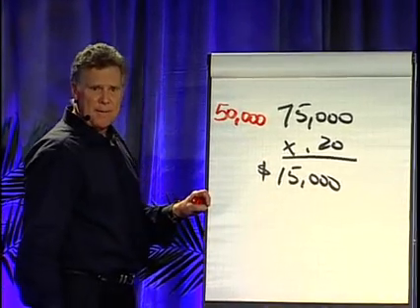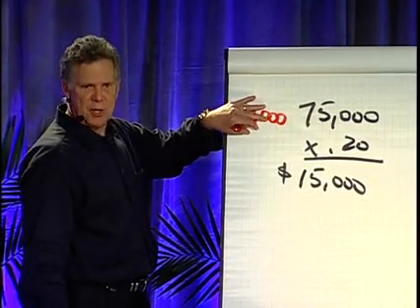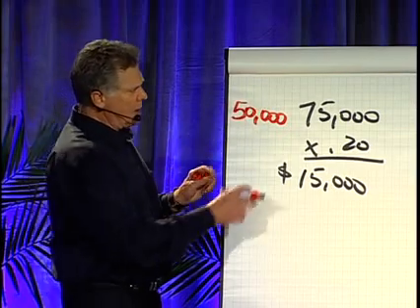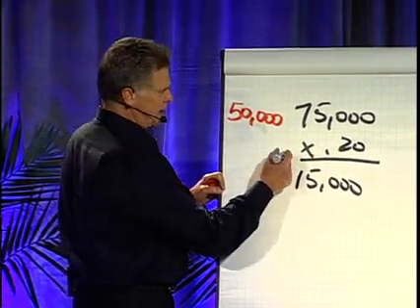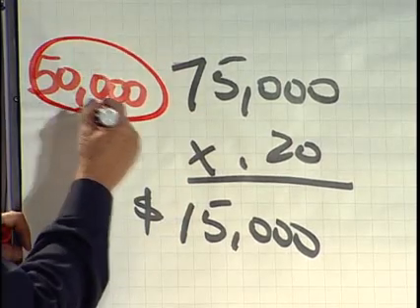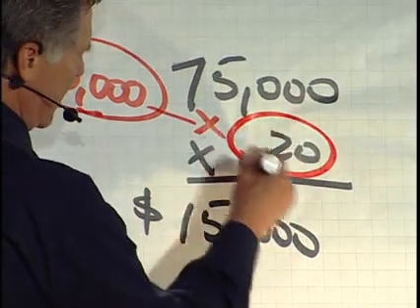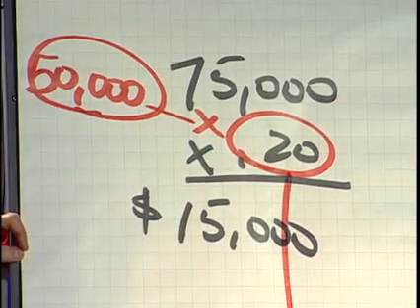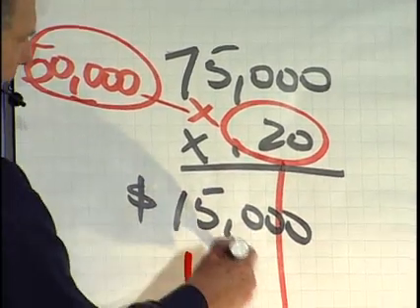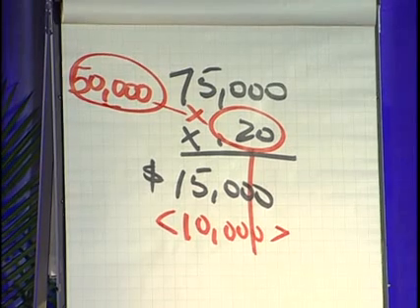Is that right? So I used 2/3 of my inventory. Is that what you're thinking? How much did I pay for each quart? 20 cents. So if I take 50,000 that I used and I multiply that times 20 cents, how much inventory do you think I used? I think I used 10,000 of inventory.